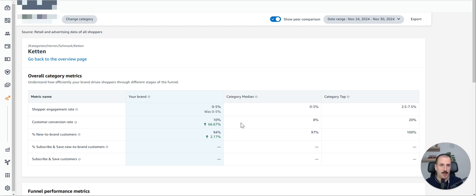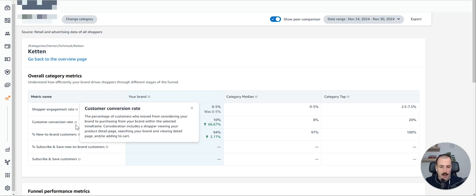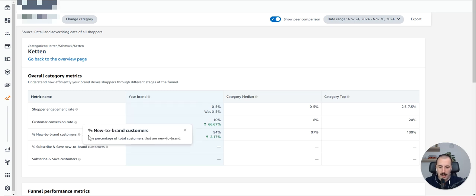Use the Manage Experiments option, and check that for your hero image, your other images, and A plus content as well. As I said, hover over everything you can see here and explore more information about brand metrics.